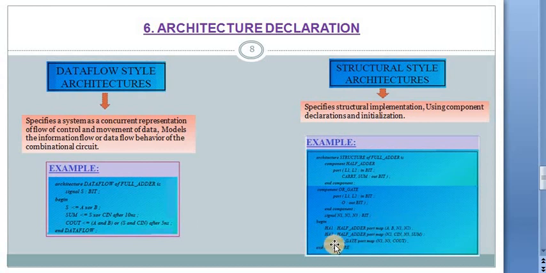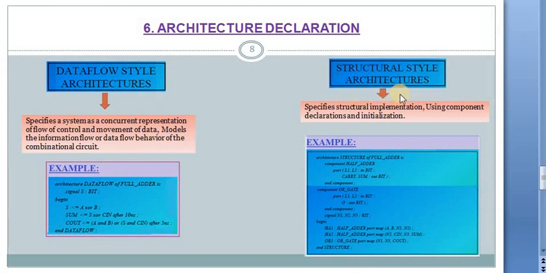Similarly, the second half adder, that is HA2, is executed using above defined components and signal values. And then the OR gate logic is executed for OR1 using above defined components and signal values. And then this architecture of structure is closed. So in this way, this type of architecture is practically used to execute the desired logic.